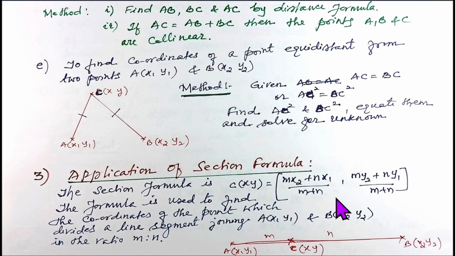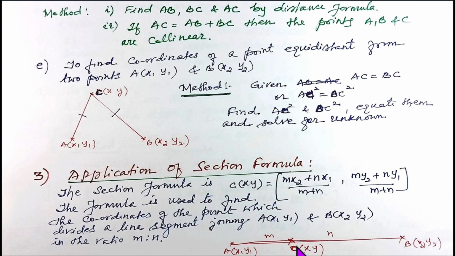Now the next is the application of section formula. The section formula, as we know, is C (x, y) equal to ((mx2 plus nx1) divided by (m plus n), (my2 plus ny1) divided by (m plus n)). This formula can be used to find the coordinates of the point which divides a line segment in the ratio m is to n.